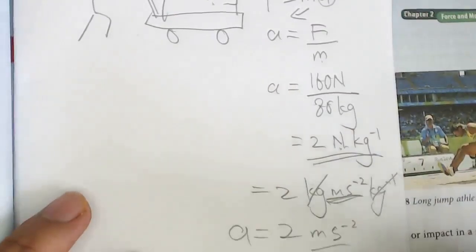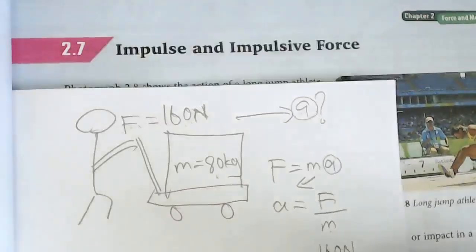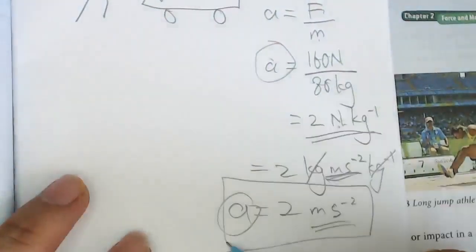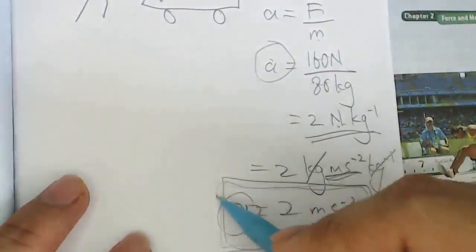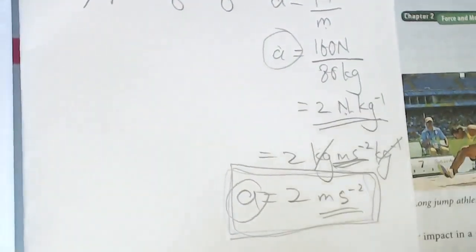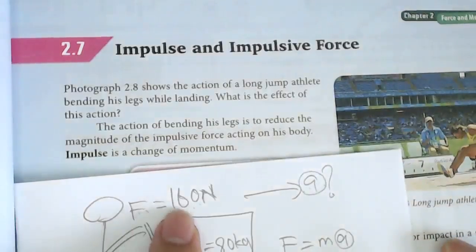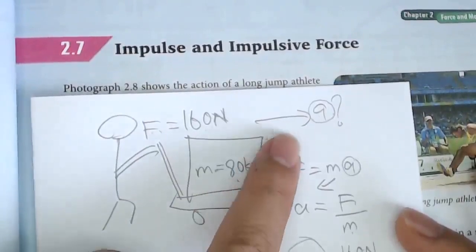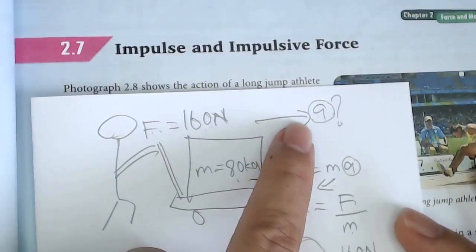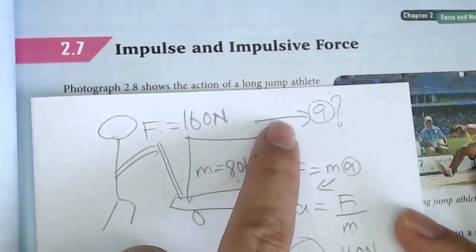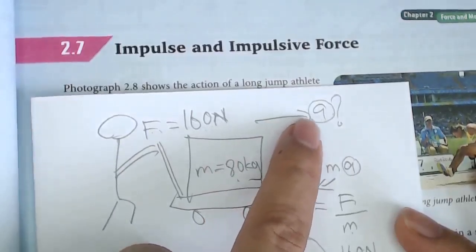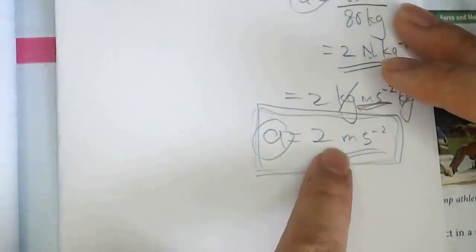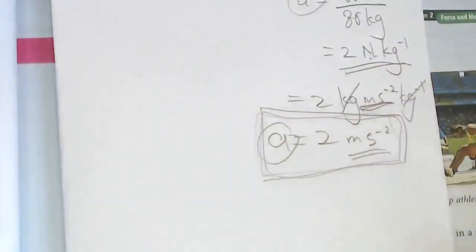This unit belongs to A, as we want to find acceleration. This is how you use this formula and solve the problem. The idea is the force of 160 Newton is exerted on this object which has mass 80 kilo, and what will happen to its motion? It is an accelerated motion, with a value, to be accurate, of 2 meter per second squared. This is how you use the formula.